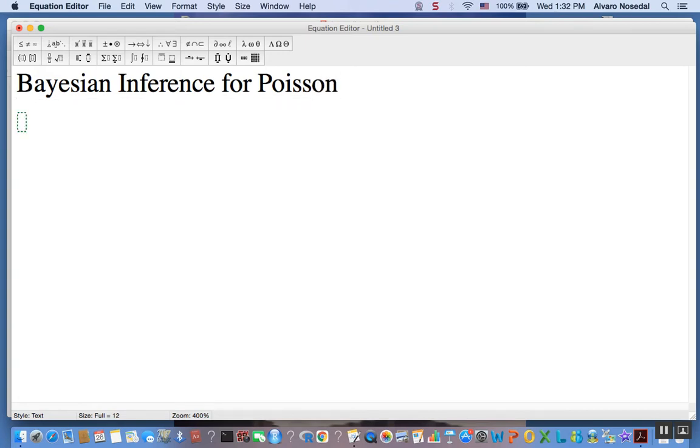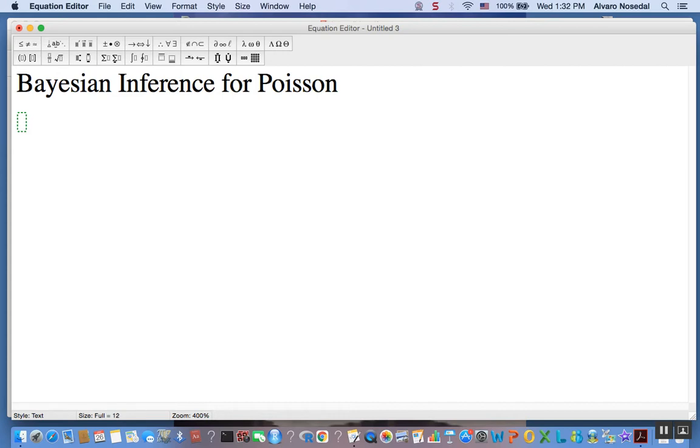As you can imagine, our starting point will be talking about those two very important ingredients to carry out Bayesian inference from a Bayesian perspective, the prior and the likelihood.